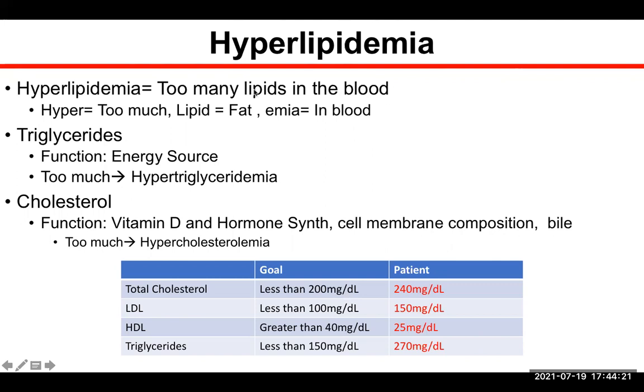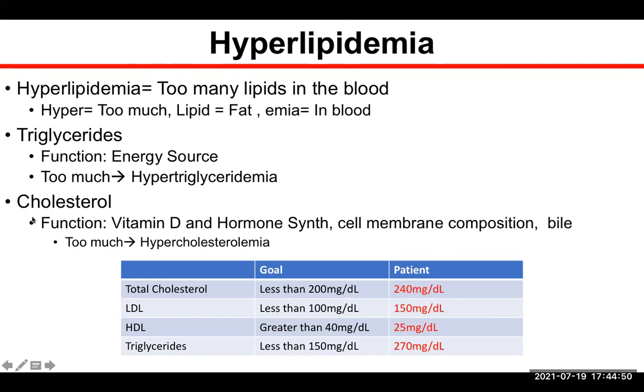And this has to do with consuming a lot of fats in your diet. There are two main fats that doctors will refer to when they're talking about hyperlipidemia. The first one, again, is triglycerides, which we use for energy. Too much triglycerides in the blood is just another fancy word, hypertriglyceridemia.